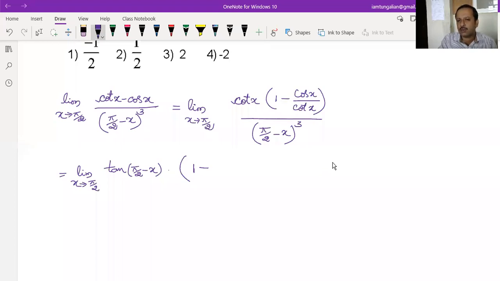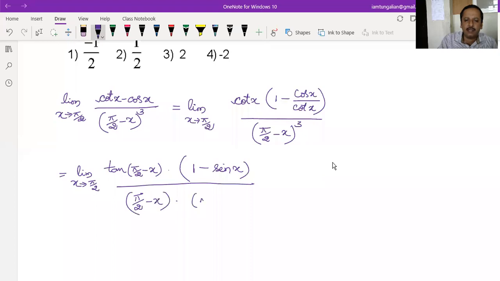Then cos x gets cancelled. You will have 1 by sin x in the denominator. That sin x will go up. So it will become 1 minus sin x divided by pi by 2 minus x whole cube. I'll write it like this, pi by 2 minus x into pi by 2 minus x whole square.